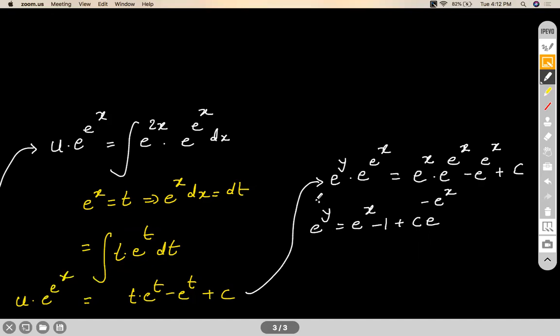Okay, so this will become your final general solution for this differential equation. Is this okay? Any questions here? Any concerns here? Do let me know.